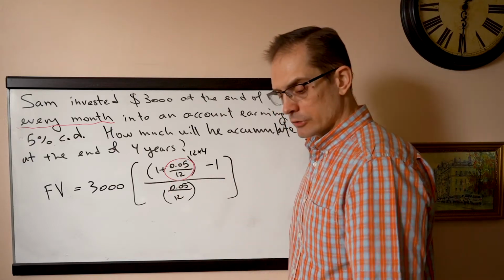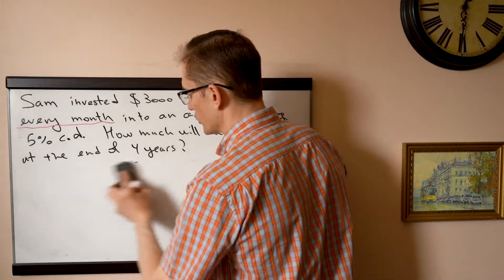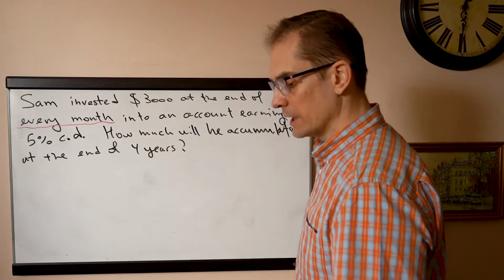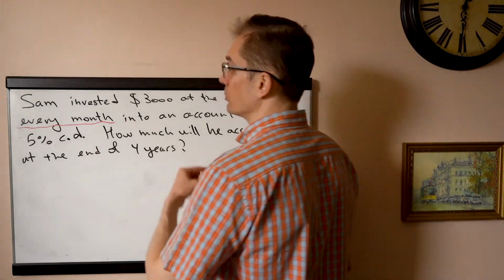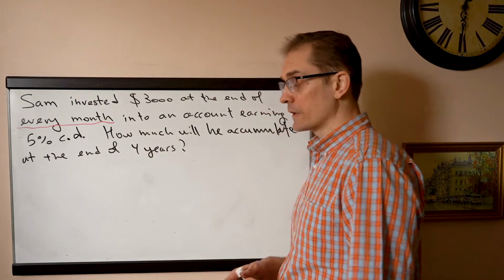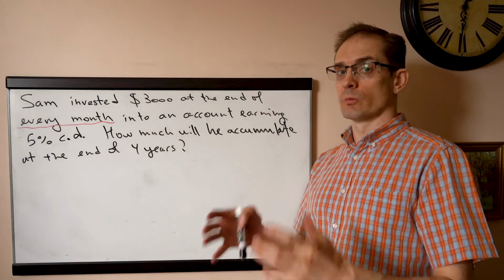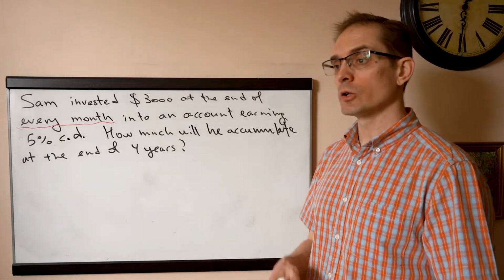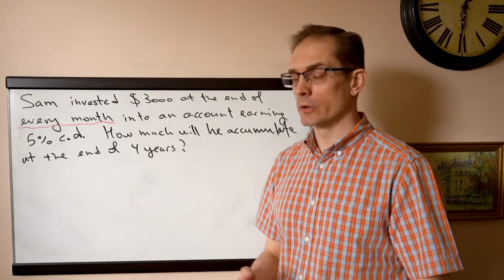Okay? So there is only one way out of this, and this way is to convert the rate. What we should do is take this 5% compounded daily and convert that rate into a rate which is compounded monthly. And we already know how to do this from lectures from before, right?